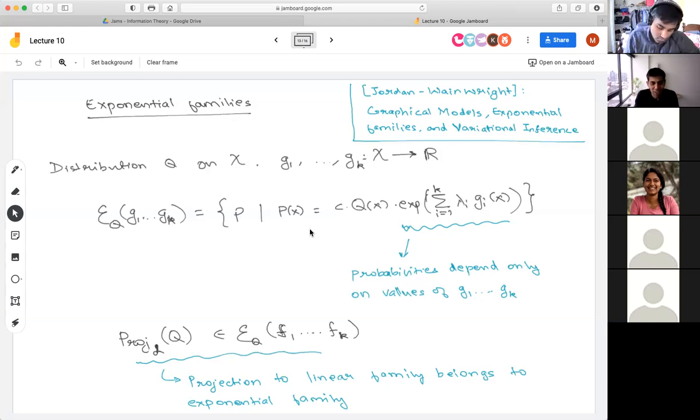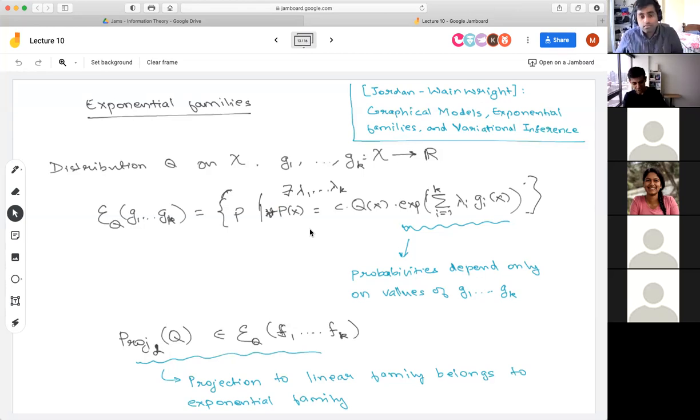It's defined by a reference distribution Q and some functions G1 to G sub K. The family of distributions is all the distributions such that there exist lambda 1 to lambda sub k which satisfy this property: for all x, P of x is equal to some scaling of Q of x.